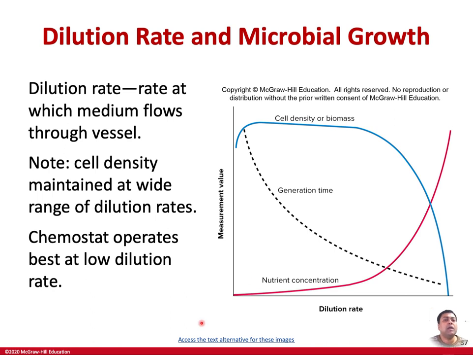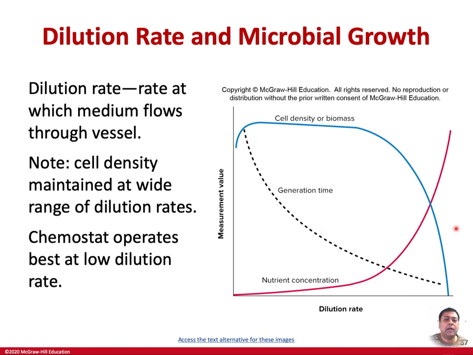Now we look at dilution rate and microbial growth. The dilution rate is the rate at which the medium flows through the vessel, and cell density is maintained over a wide range of dilution rates. The chemostat operates best at low dilution. Here you can see the dilution rate and the generation time.